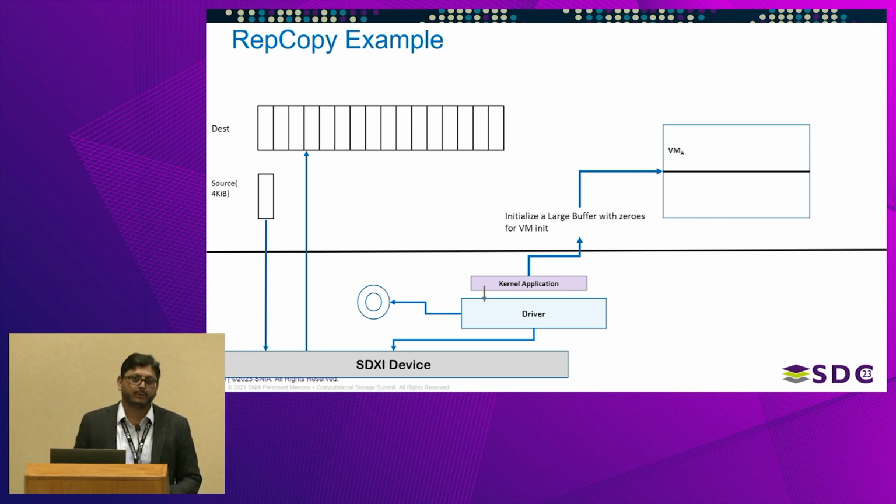So that's something that you can do with an operation like this. We are trying to add additional things into the spec, like these kinds of memory manipulation operations, more like POSIX-style memory operations, in the next versions of the spec.